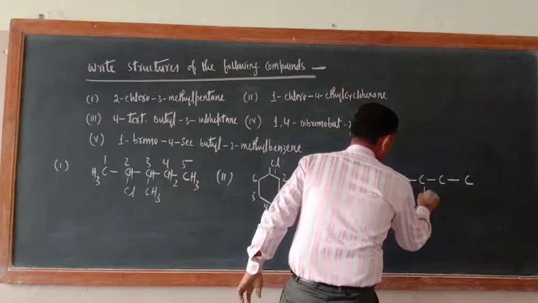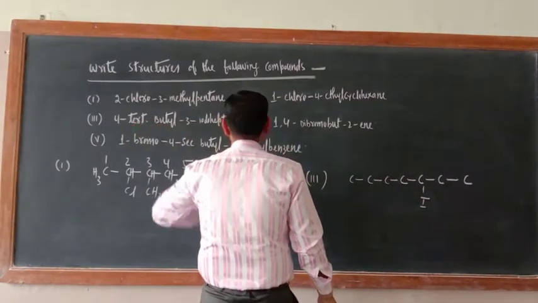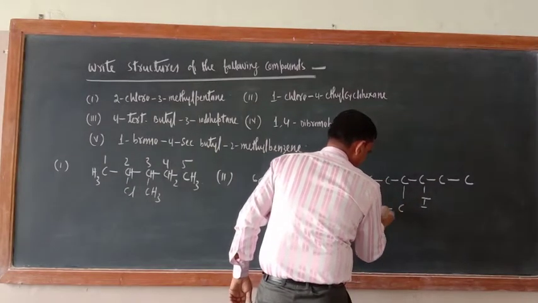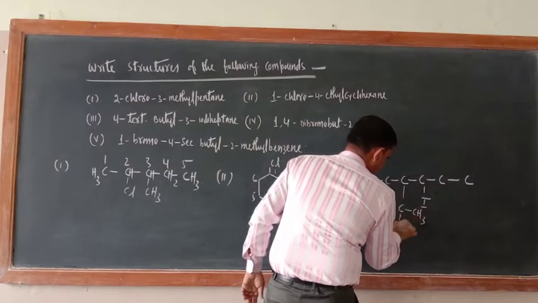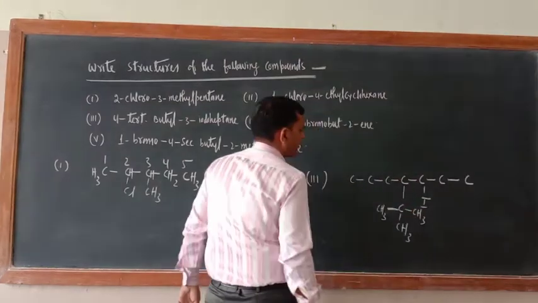So at 3 position right here iodo. Now 4 tertiary butyl. So at 4 position what is there? C. Just see the tertiary butyl. This is CH3. This is also CH3. This is also CH3. Okay. So this is the tertiary butyl group.